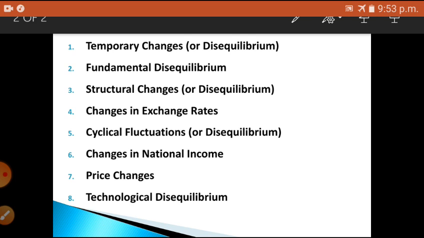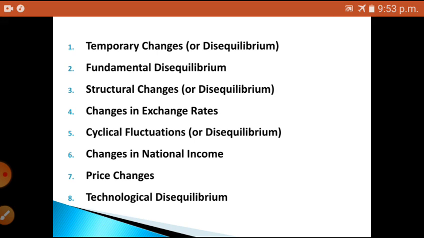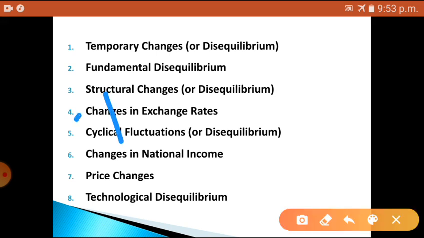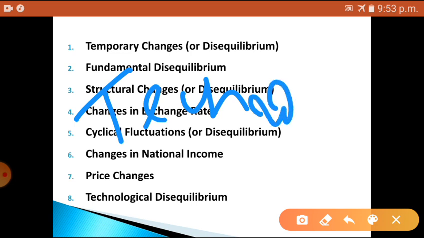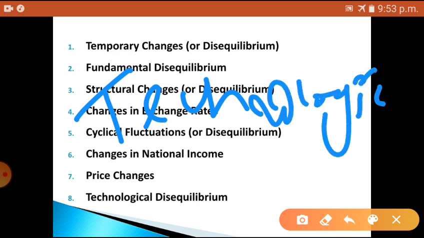So the first we call technological changes. Technological changes mean changes in the methods of production of products in domestic industries or in the industries of other countries.